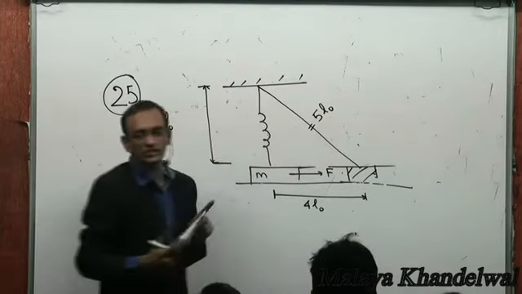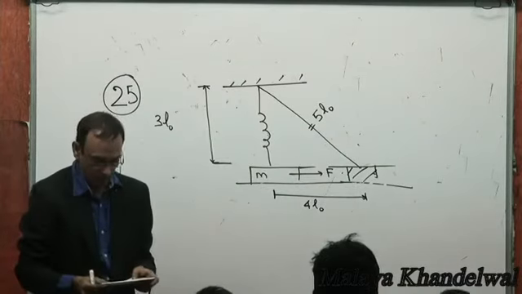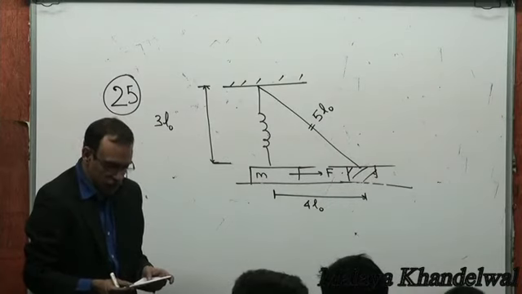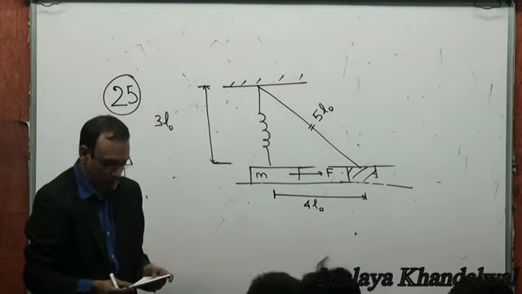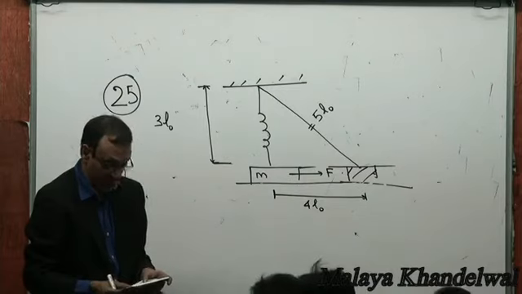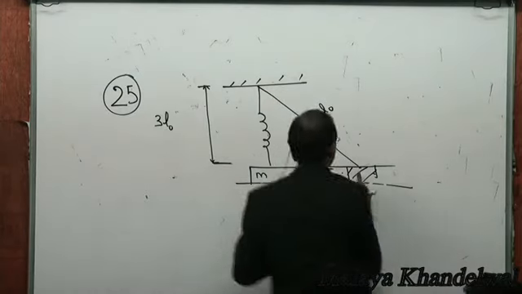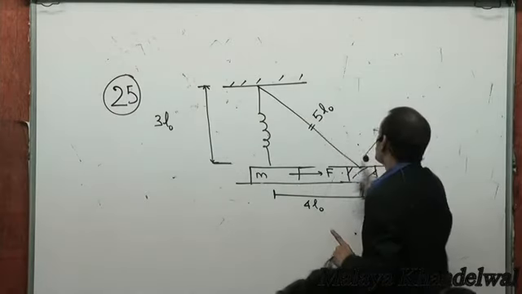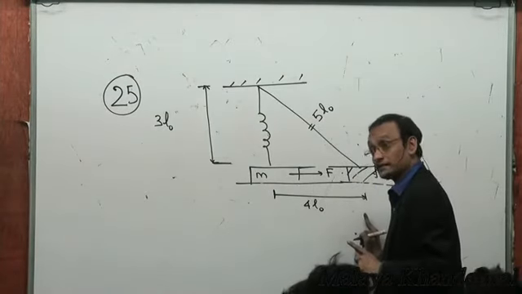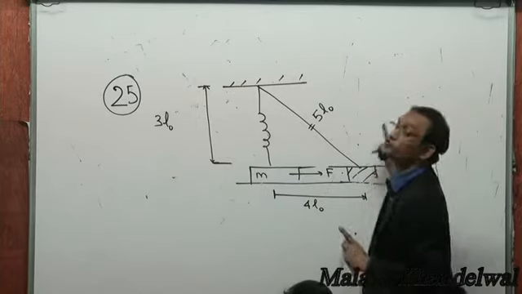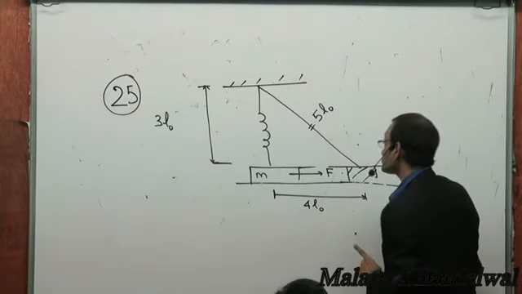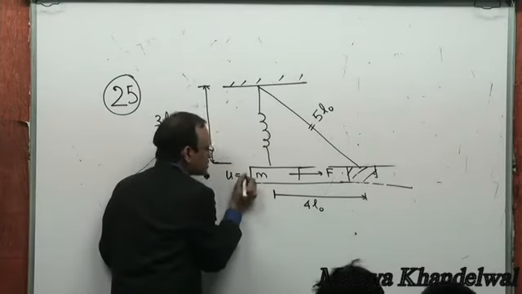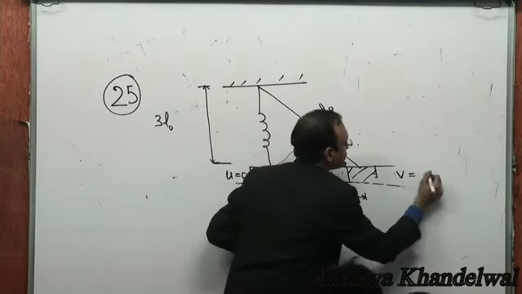When the length of the spring becomes 5L0, the block leaves contact with the table. That means at this instant, the upward spring force just balances the weight, right? So it's on the verge of losing contact with the ground. Also, it's given that the velocity at this instant is 0.